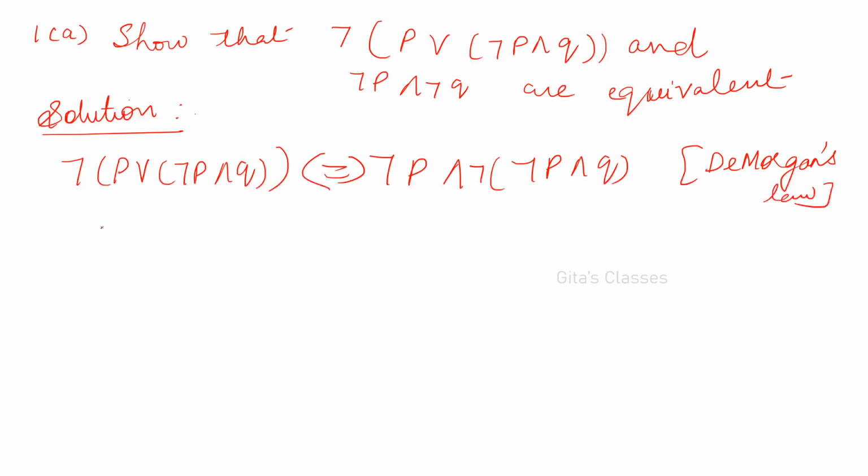So this is equivalent to not P and, again you apply De Morgan's law. So negation twice it will become P, not of (not P or not Q), right? Again De Morgan's law only.